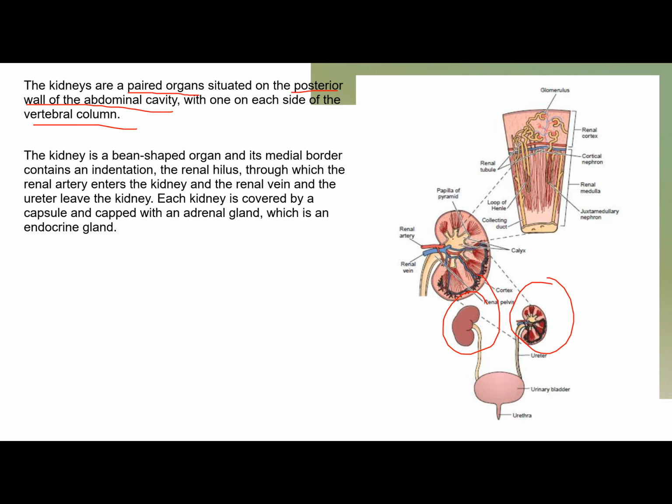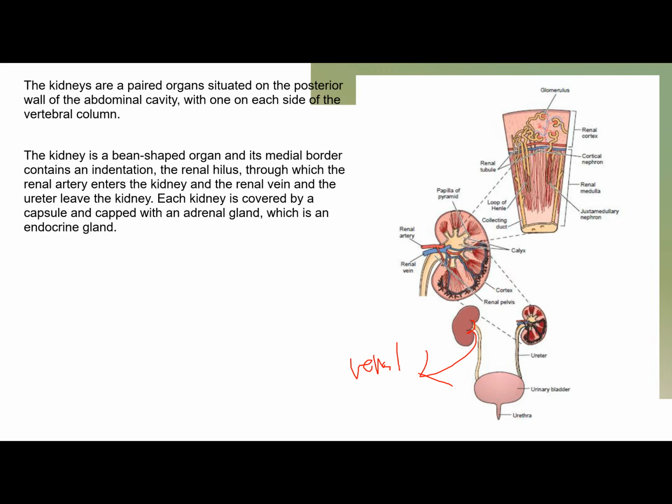Now, the kidney, take note of the shape, is a bean-shaped organ. And its medial border, yung sa gitna, would contain an indentation. Pag sinabi mong indentation, this is like a cut or a groove. So if you take a look at the kidney, you would find here an indentation.